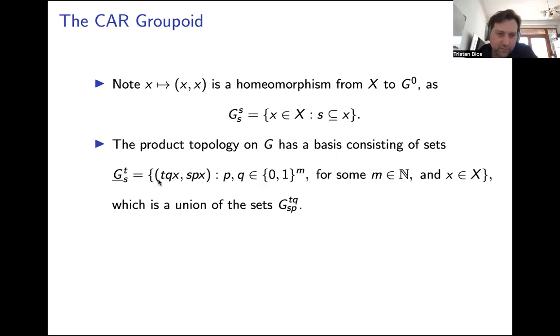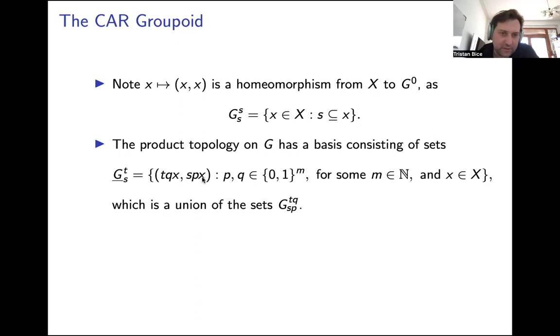So it's like the sets before, where they have to start with T and they have to start with S. But the key difference is you're also allowed to take any arbitrary P and Q and tack that onto the end of T and S before you deal with two strings that are the same.